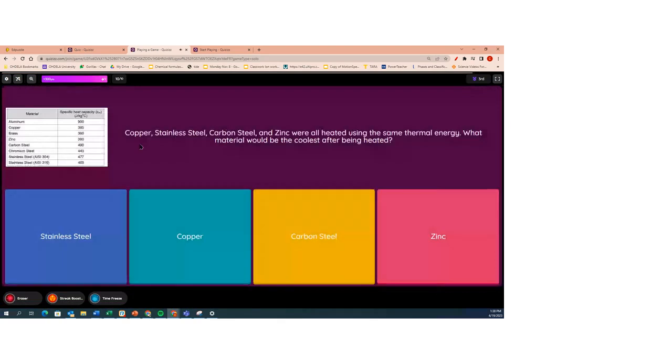Copper, stainless steel, carbon steel, and zinc are all heated with the same thermal energy. What material would be the coolest after being heated? Okay, so the lower number. This one is talking about kilograms, that's why the numbers are bigger.